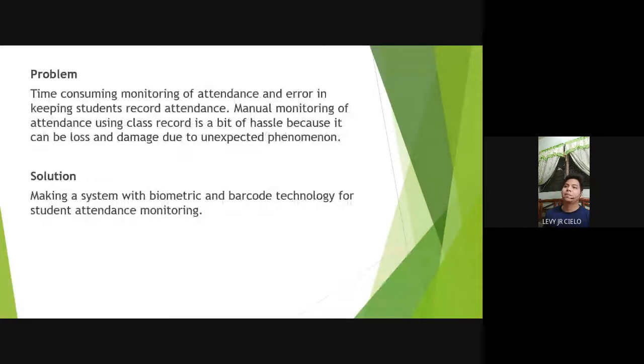The problem is time-consuming monitoring of attendance and errors in keeping students' attendance records. Manual monitoring of attendance using class records is a bit of a hassle because they can be lost and damaged due to unexpected phenomena. The solution is making a system with biometric and barcode technology for student attendance monitoring.